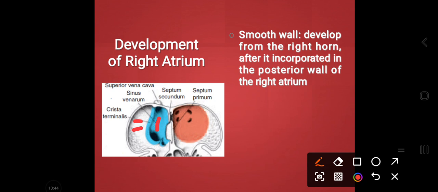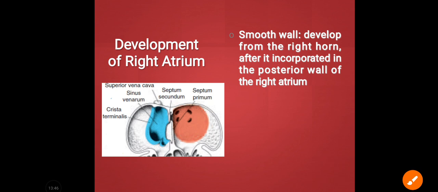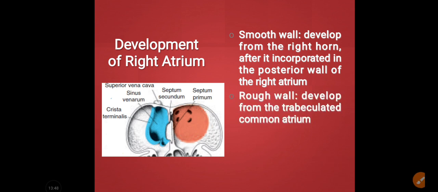The rough anterior part develops from common atrium, while the smooth posterior part develops from right horn and sinus venosus.